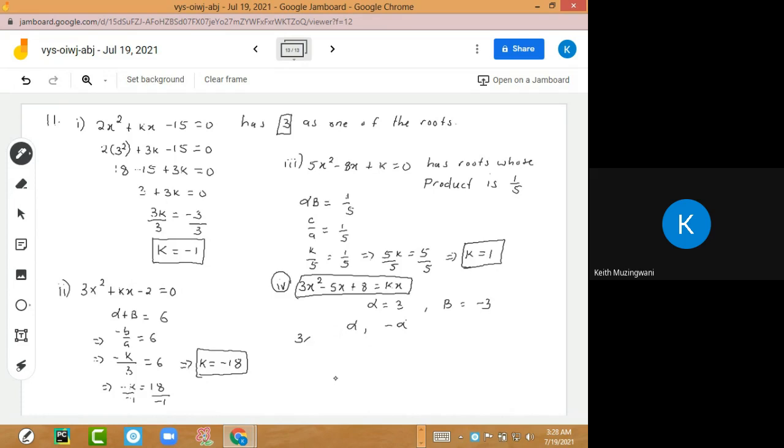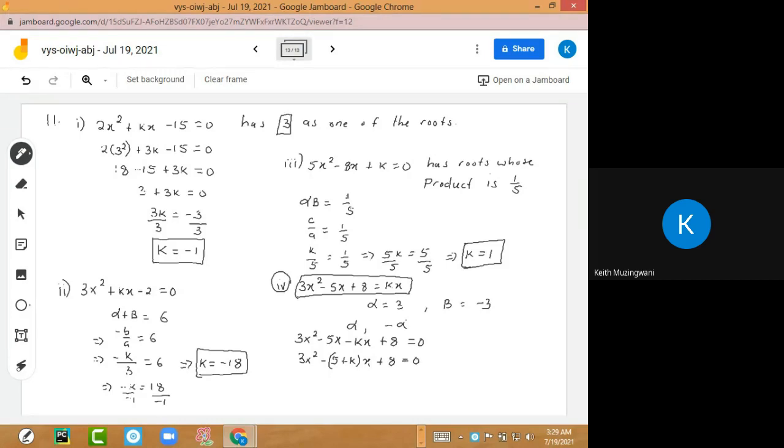So 3x squared minus 5x minus kx plus 8 is equal to 0. This is 3x squared minus, you can now factor out x since it's common there and take it outside.